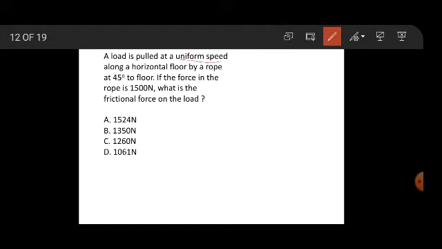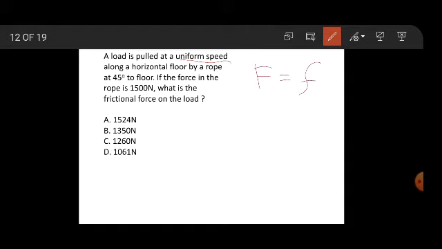See the word uniform speed, meaning it is not accelerating. And whenever it is not accelerating, F is equal to F. So from here you can see that an object is not accelerating if, number one, it is about to move, and secondly, if it is moving with a uniform speed, and in that case the frictional force will be equal to the applied force.